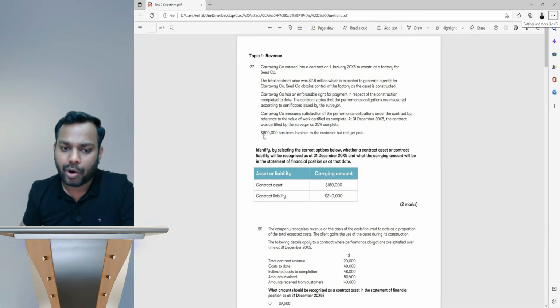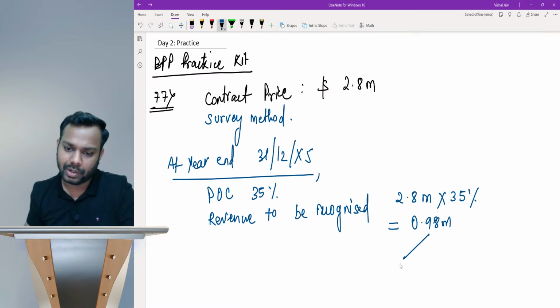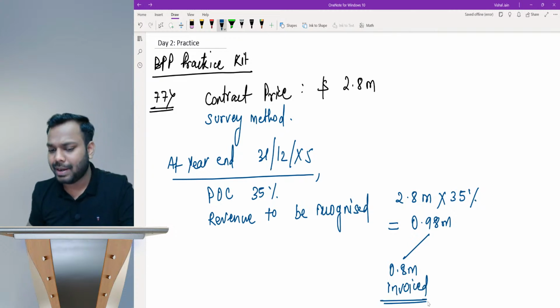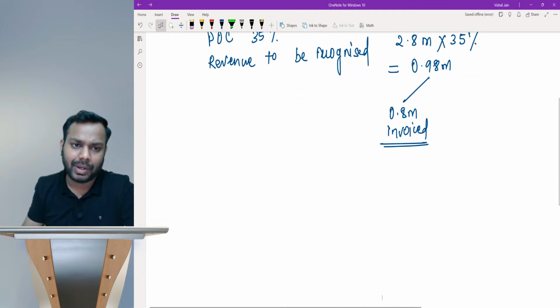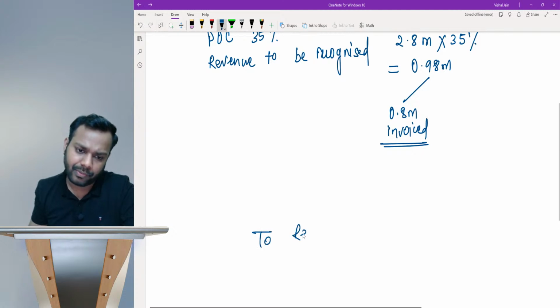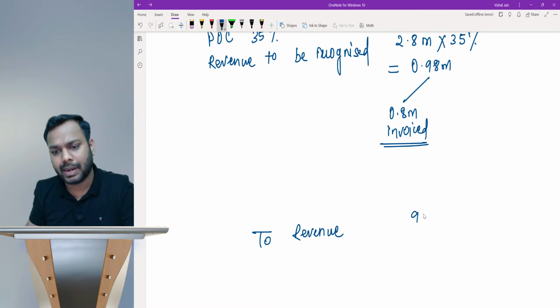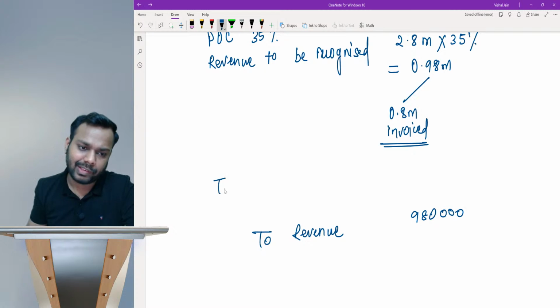Out of which 0.8 million has been invoiced to the customer. Let's pass the journal entry for this. We know the revenue to be recognized is 980. And the trade receivable is how much? Because we have invoiced how much?